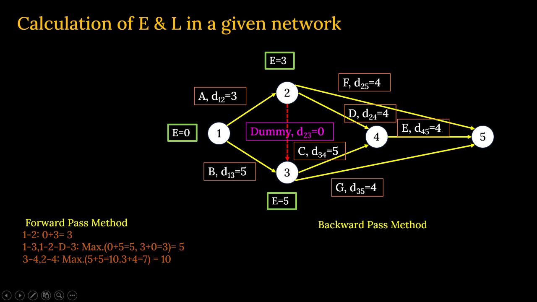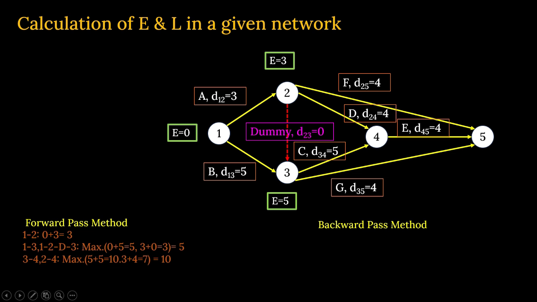So for 3 to 4, the earliest start time is 5 plus the duration 5, that is 10. And the second one is 2 to 4, earliest start time is 3 and duration is 4, so 3 plus 4 is 7. We have received 10 and 7.